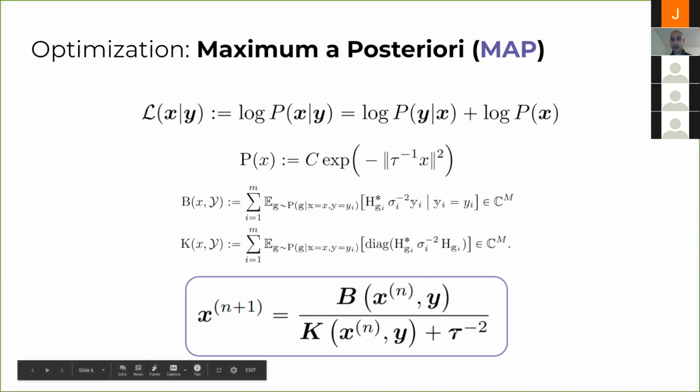Whereas if you have less confidence in your data, this tau to the power of -2 becomes larger, and you end up suppressing those Fourier components that you have little confidence in. So tau, I should mention, because it's based on the FSC, you have different values for different Fourier components.